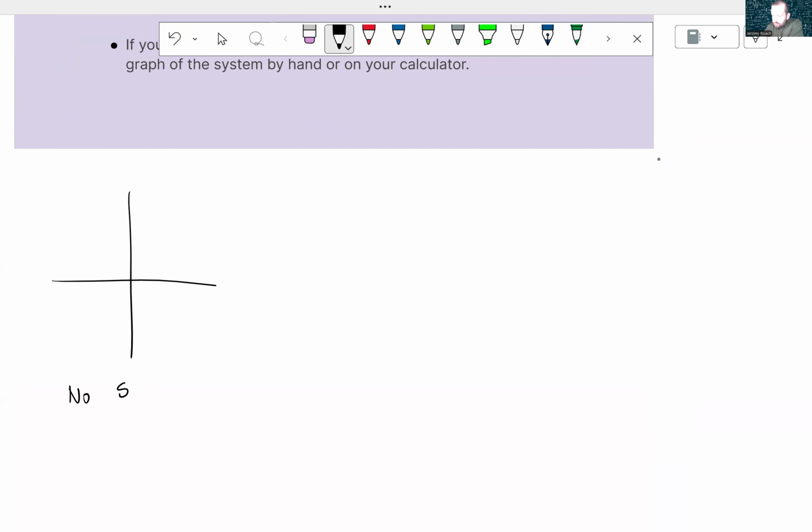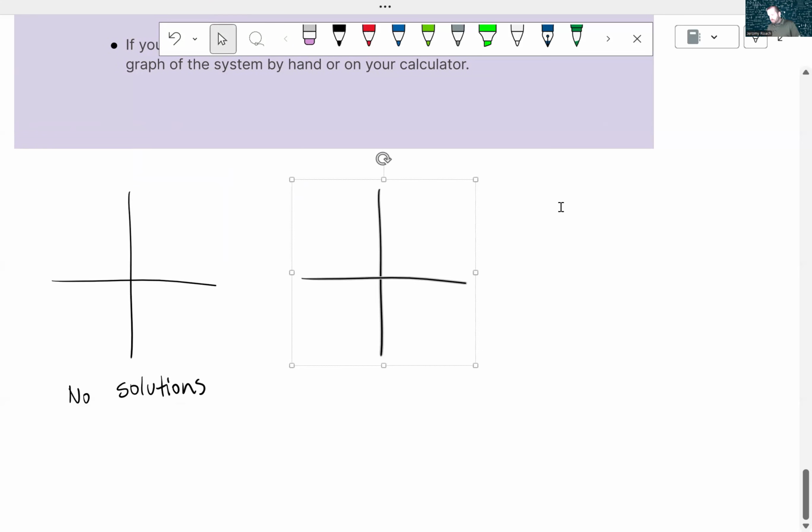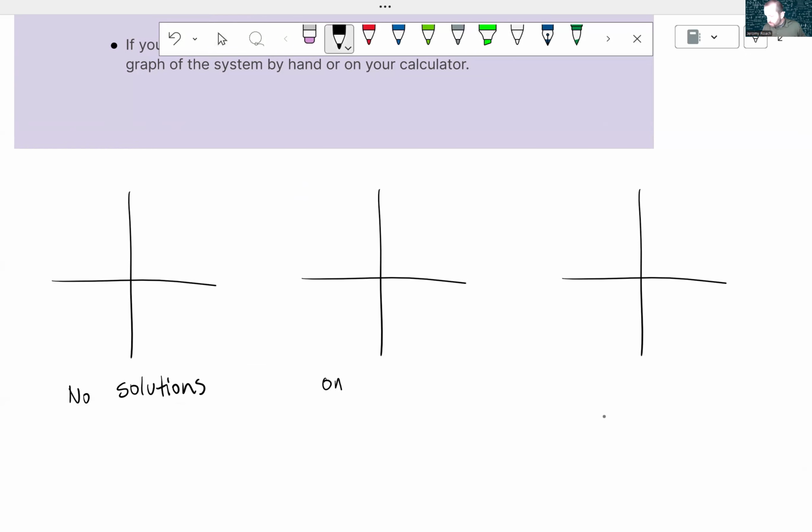We'll put the no solutions example here. See if we can just copy this. Say this is one solution. This will be infinite solutions. And if you remember this from previous lessons, that's awesome.